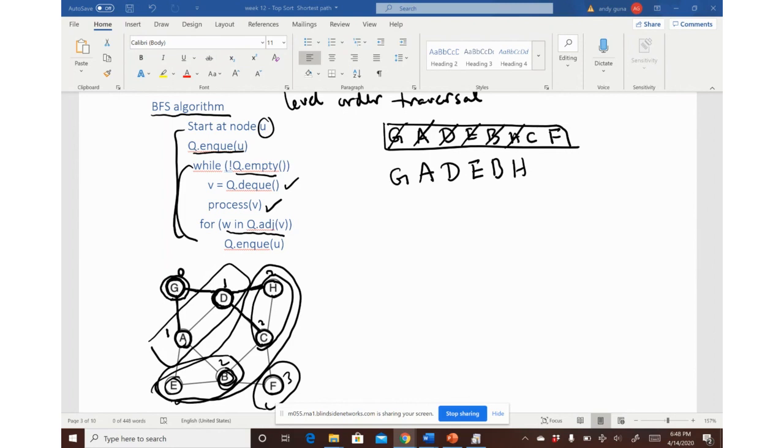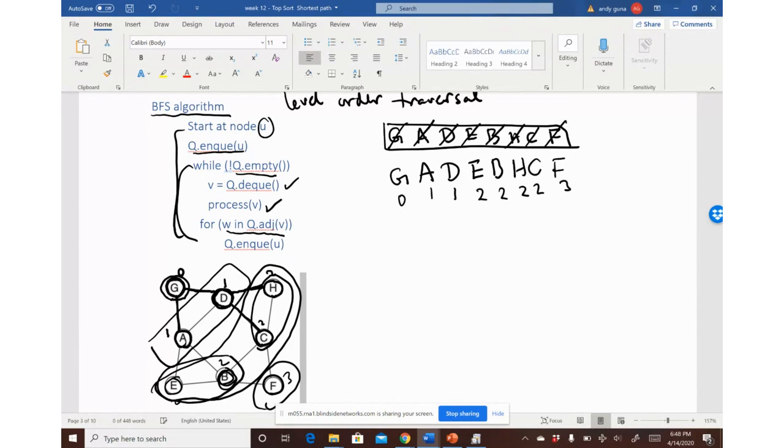Okay, so then you take something out of the queue, which is C, and then process it and print it out. And then the final one is F, so the queue is empty. Now, if you number these things in the order that we looked at, notice that these are all 2 numbers, and this is the 3 number.